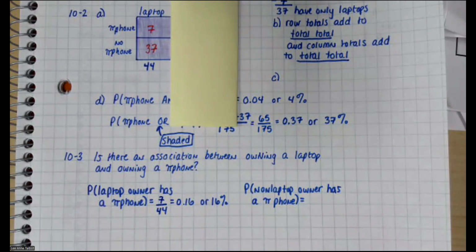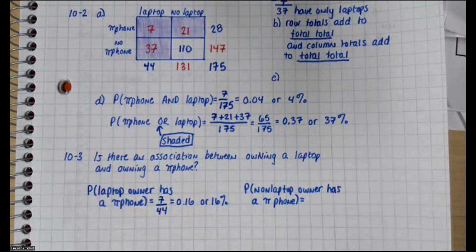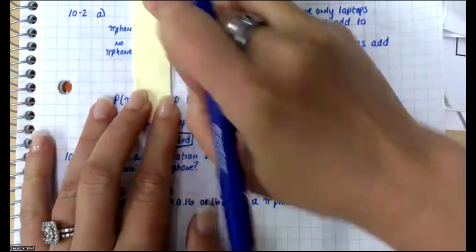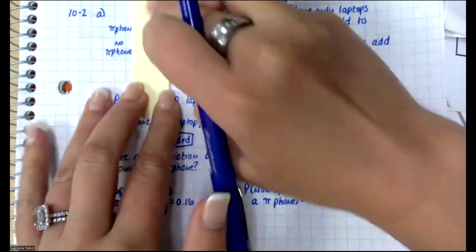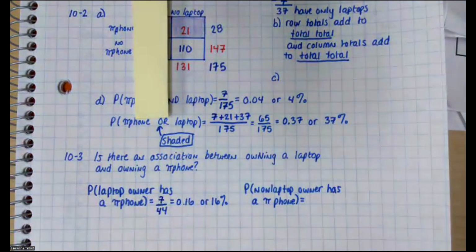Do you guys know what I'm going to do next? I'm going to scooch over my Post-it note. Okay, now, how many non-laptop owners have a Pi phone? 21, right?